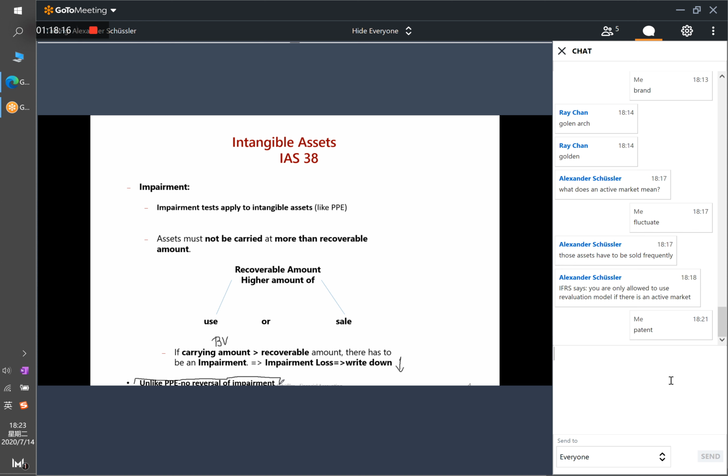With property, plant, and equipment, if the asset is actually worth more than its carrying amount, you can write it up. But with intangible assets this is not allowed.